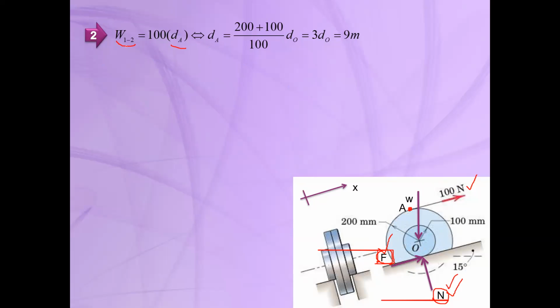But in the work done by the external forces, we only consider the work done by this 100 Newton force, and we neglect the work done by F and N. Can you tell me why? Any other suggestion or idea? No idea?